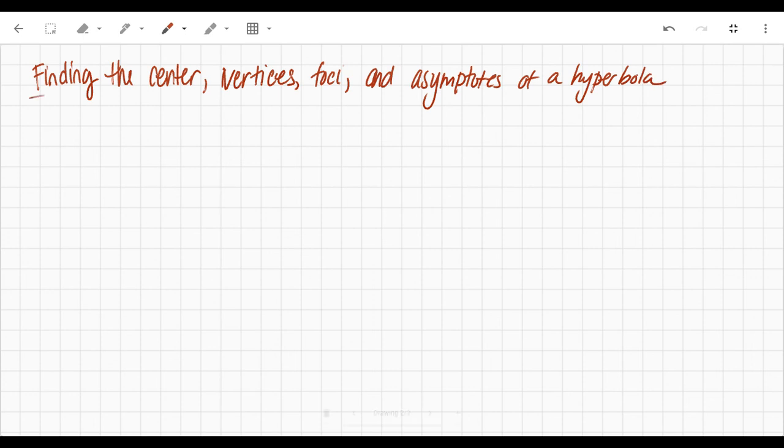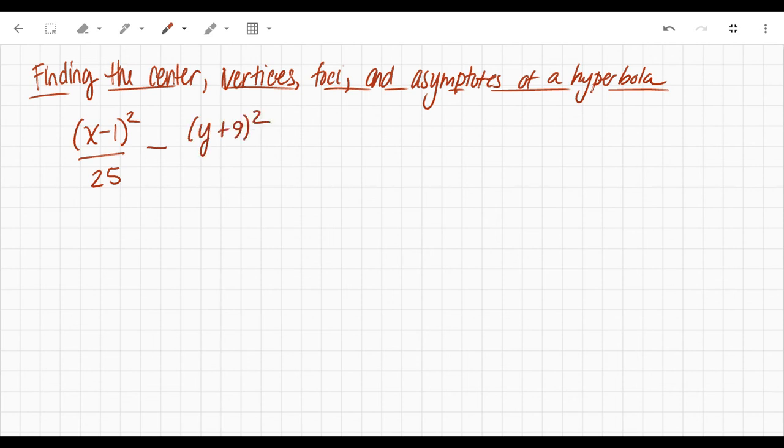Okay, so they're going to give us the equation x minus 1 squared over 25 minus y plus 9 squared over 9 equals 1. Okay, so let's start picking this apart.